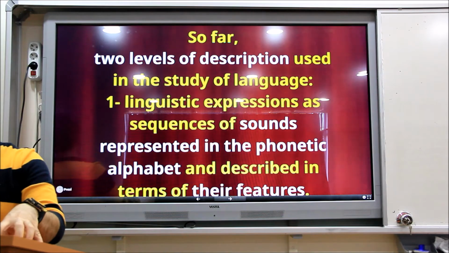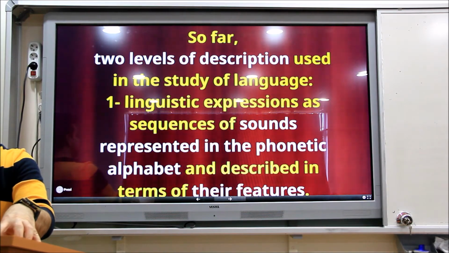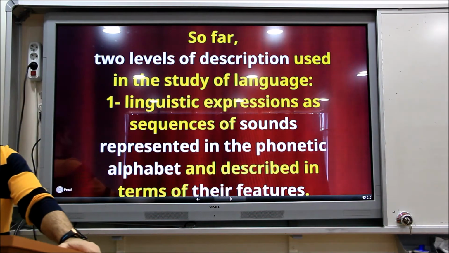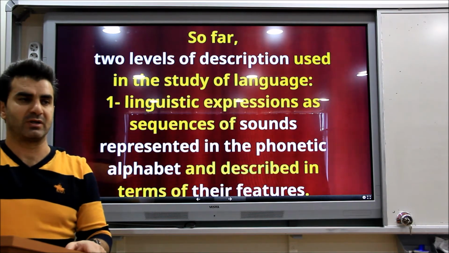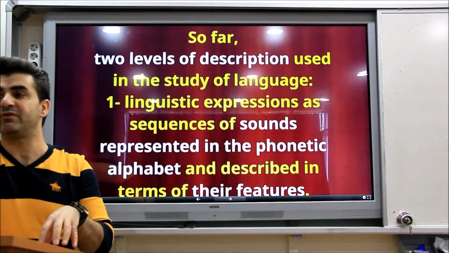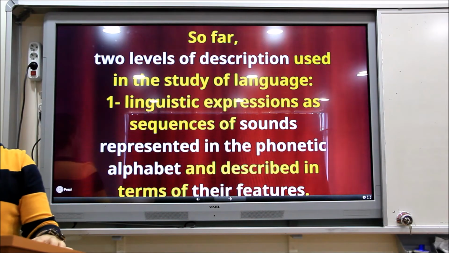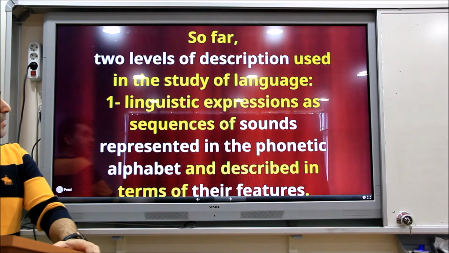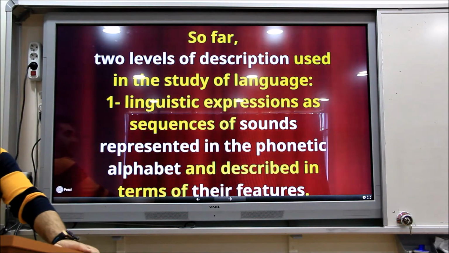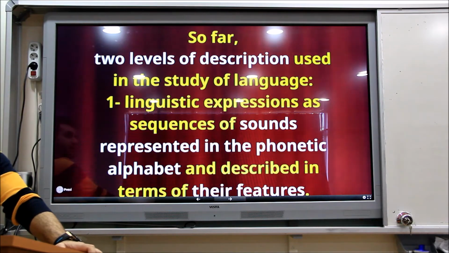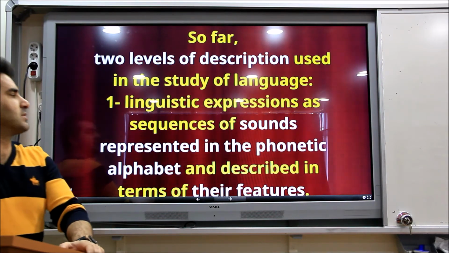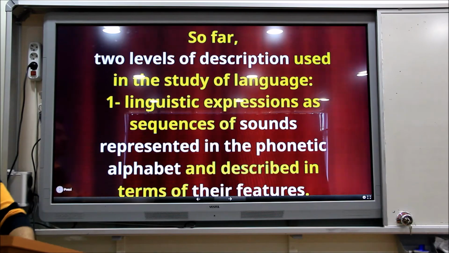Remember we said each symbol represents a sound, a produced sound. And then each sound has its own features, its own characteristics. So far, the first level was about linguistic expressions, a sequence of sounds represented in the phonetic alphabet.